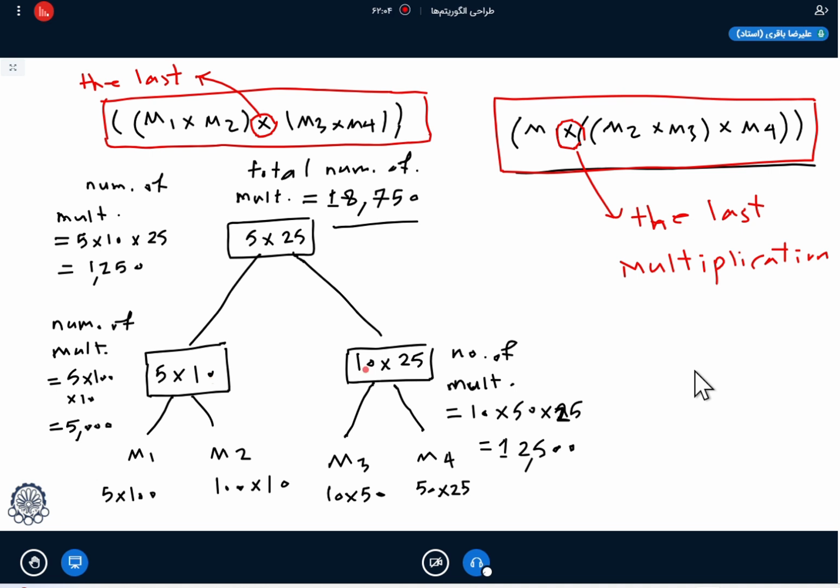On the right side, 10 rows and 25 columns. The number of multiplications is 5 multiplied by 10 multiplied by 25, as we wrote here. The result is a matrix that has 5 rows and 25 columns. Then we sum the number of multiplications and we get this one.